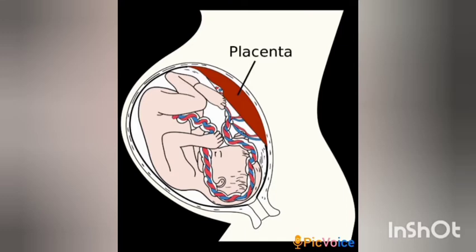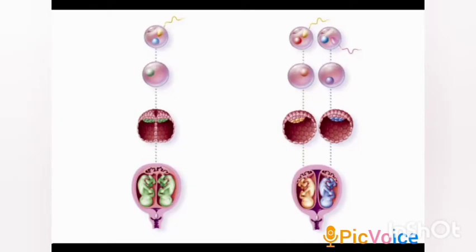The excretory materials as well as the carbon dioxide are removed to the mother's blood with the help of the placenta. The development of the child inside the mother's body takes approximately 9 months. The child is born as a result of rhythmic contractions of the muscles in the uterus.